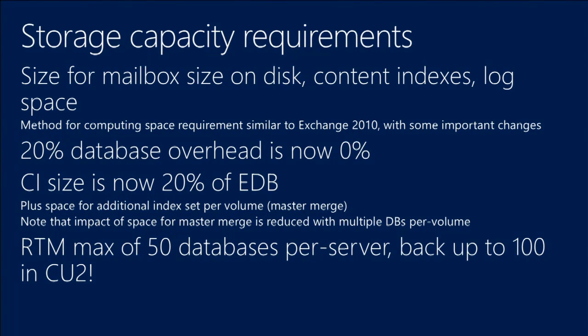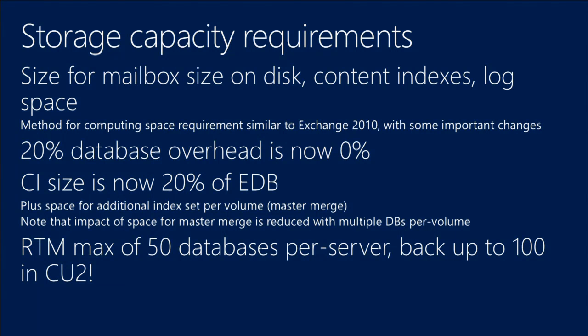Think of it as background maintenance for CI. Every so often, CI will go through and create a new set of indexes that are optimized, and we need that additional space to go through that process. So if you have a single database on a volume, you're sizing for basically 40% of the EDB file for CI. That's pretty dramatic.